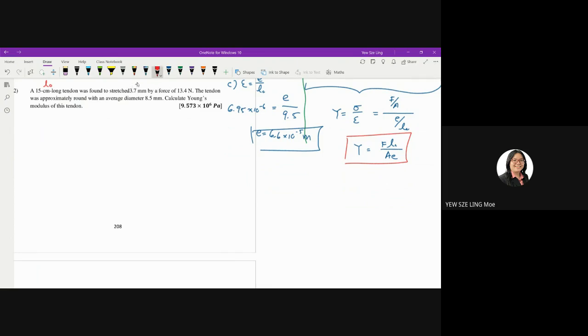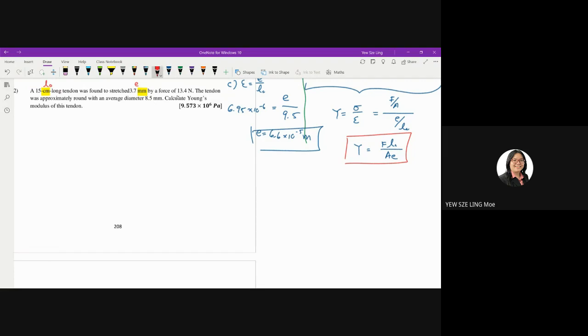So this is elongation, and if you notice, both quantities have different units. So be extra careful with the units when it comes to original length and elongation. Usually they have different units, because the elongation usually comes in very, very small values.